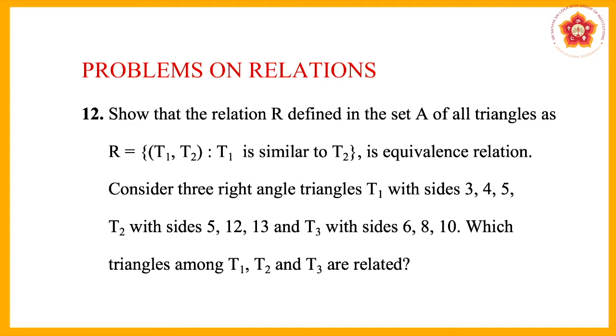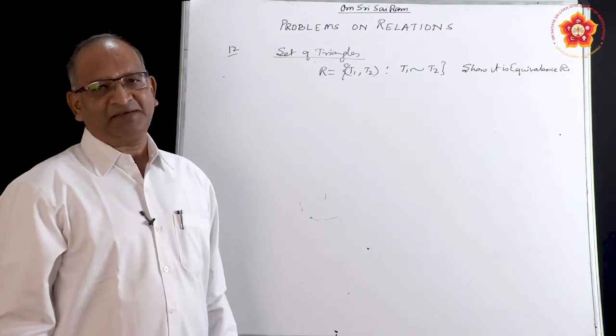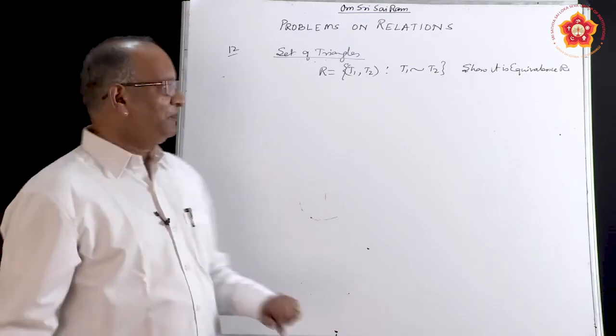He says, show that it is an equivalence relation. And then we will come to the second part of the problem where he has given measurements of sides. Very simple problem it is.